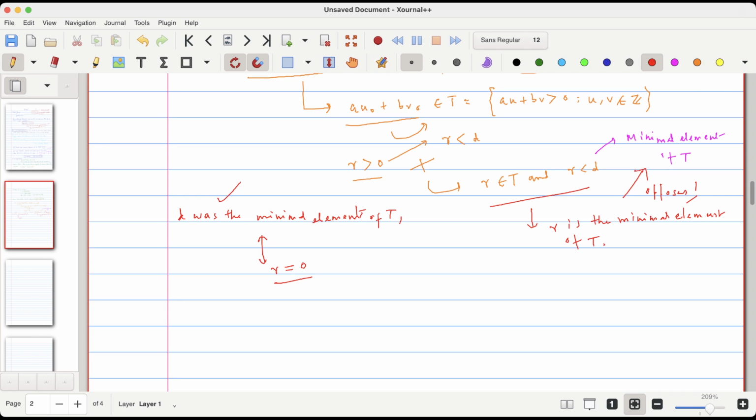Right? Because our assumption, as it implies, our assumption that D does not divide A is false. Understood?